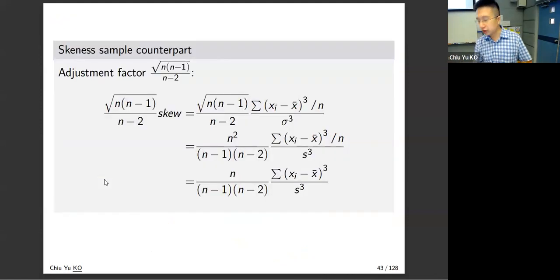Just to make sure you understand why we look at the formulas: when you look at your software, the software gives you something, and you have to look at what exactly it gives you. Here I give you this Excel function, but in other packages you may get different measures, just like the IQR, which has many versions.